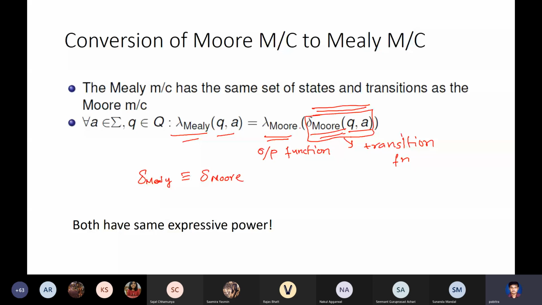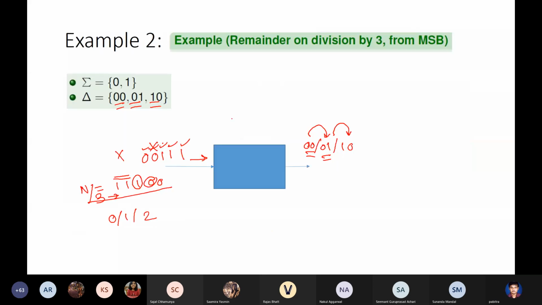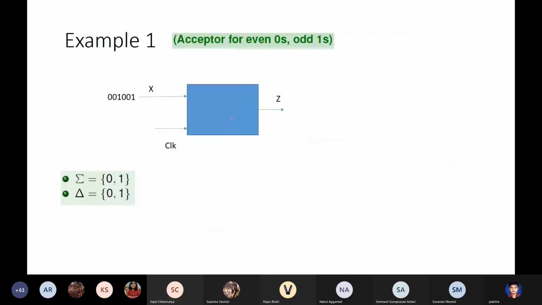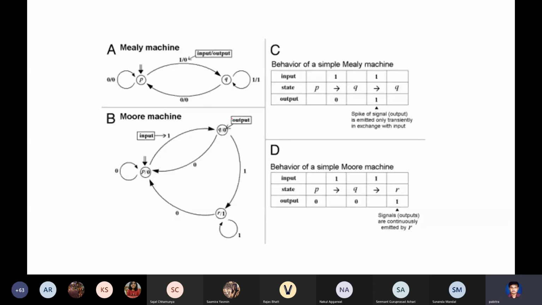Whatever you get is the same as lambda Mealy. You are going to the next state and then computing the output. Say you are here and you have an input of 1. In a Moore machine you first move to the next state, and then you find out the output. This would be equivalent to this action.